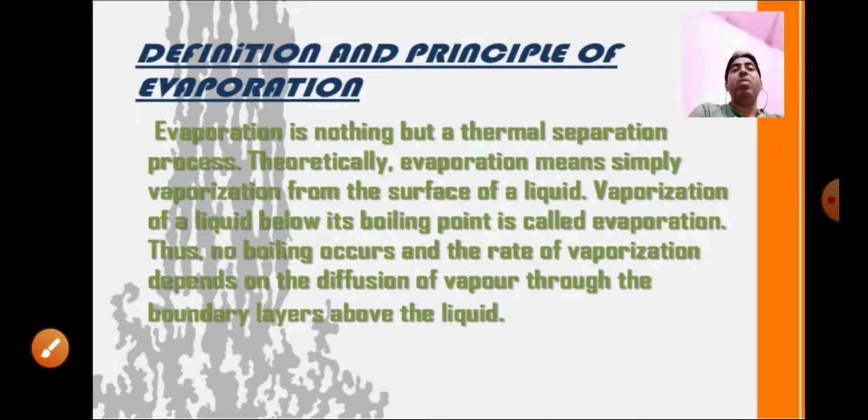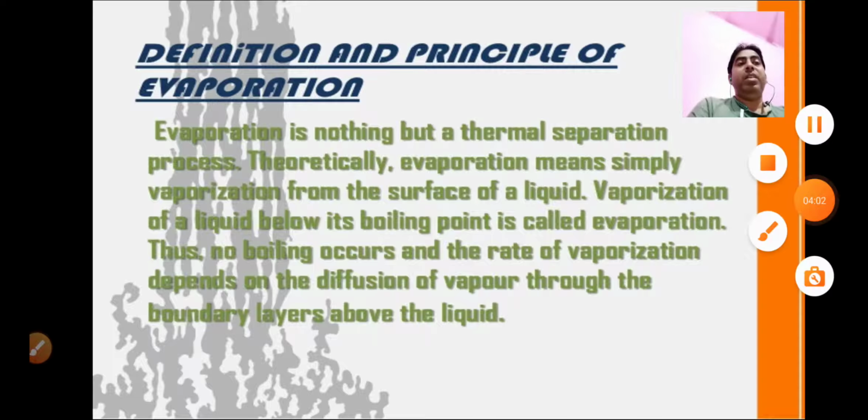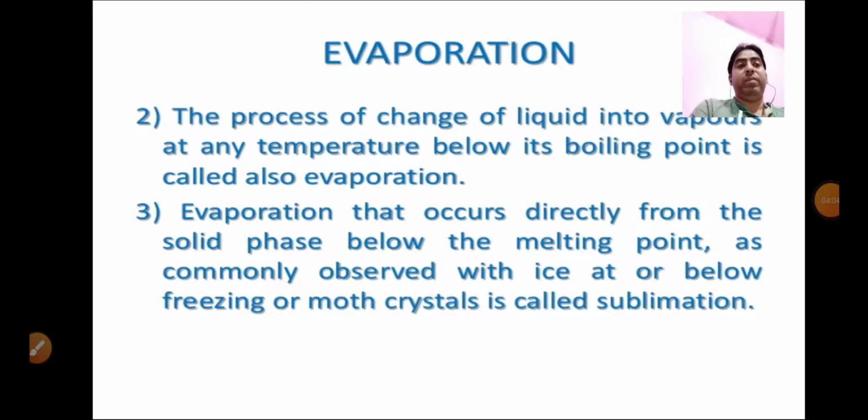Now we are moving towards evaporation. You have observed that when we spread wet clothes on a rope or wire, they dry up after some time. Where does the water in the clothes go?